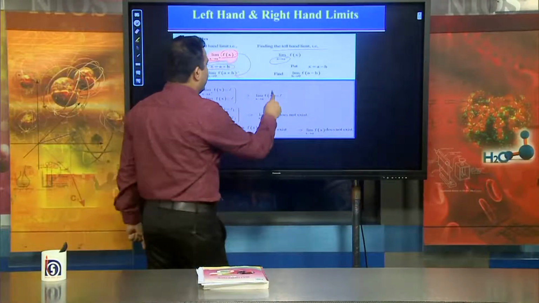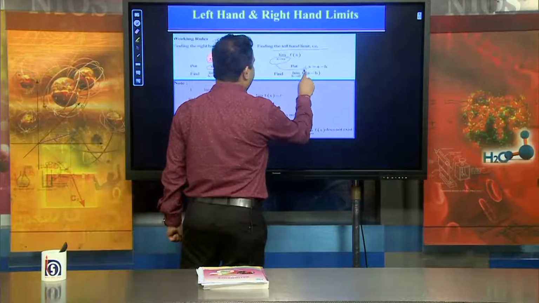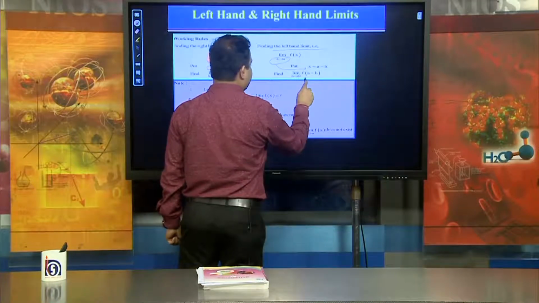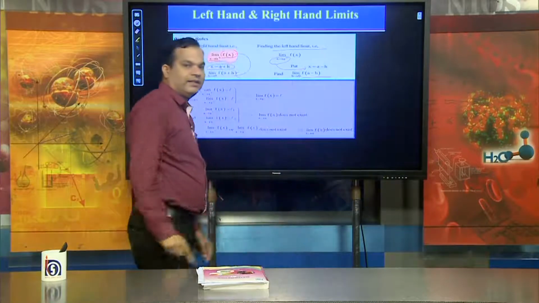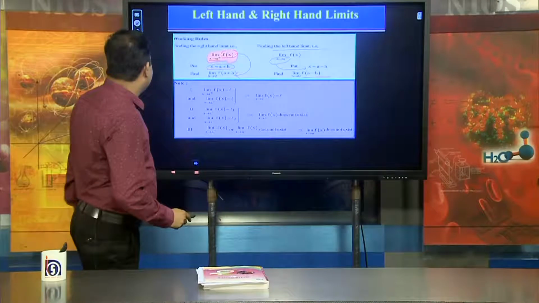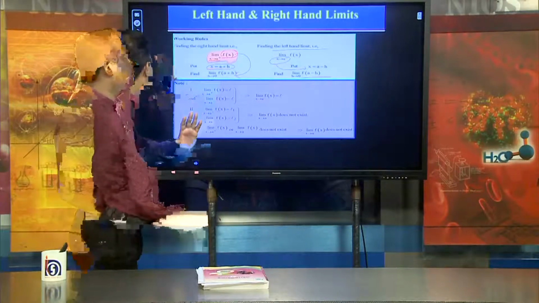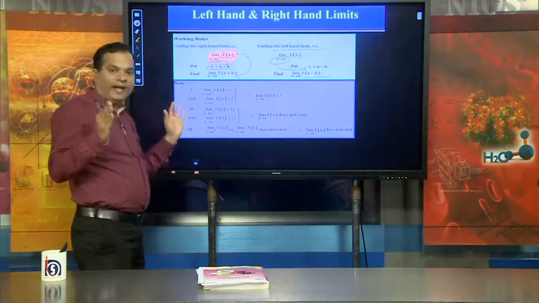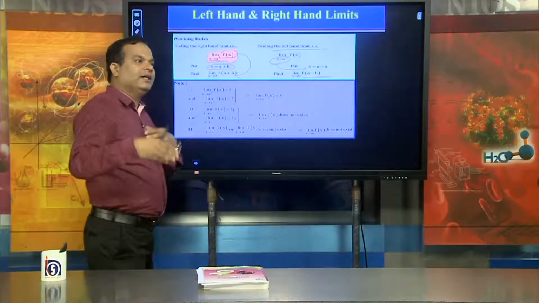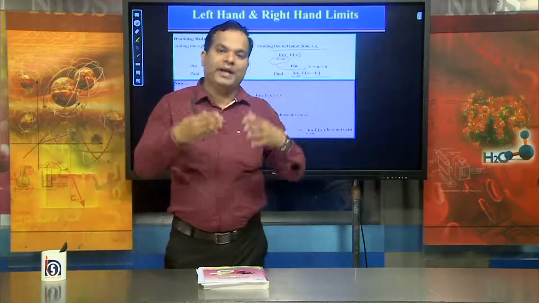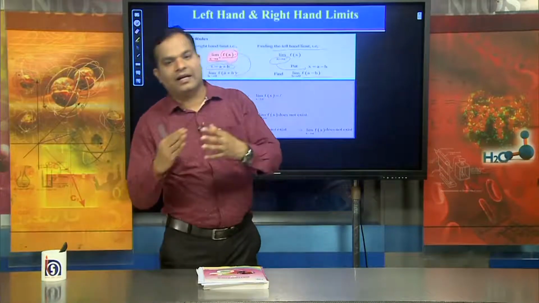By putting x equal to a minus h, the limit as h tends to 0 of f of a minus h is the left hand limit. Remember, this is the working rule, the functional way to find the left hand limit and right hand limit.